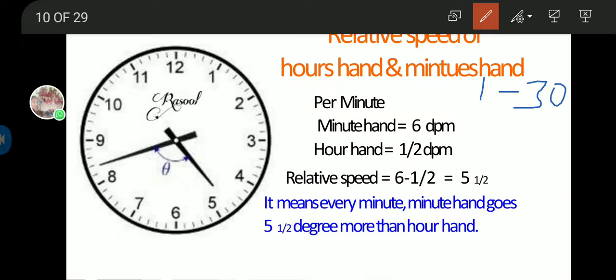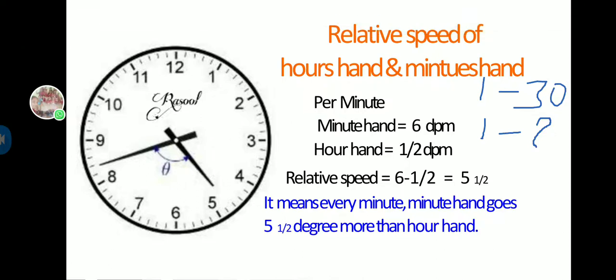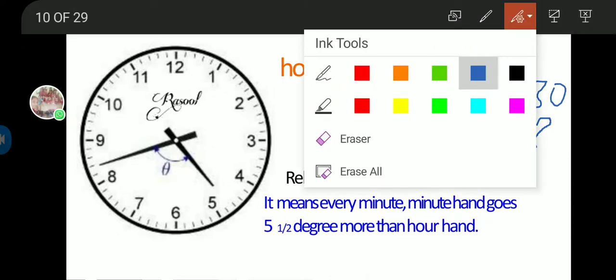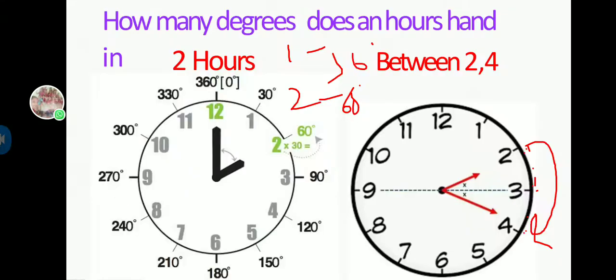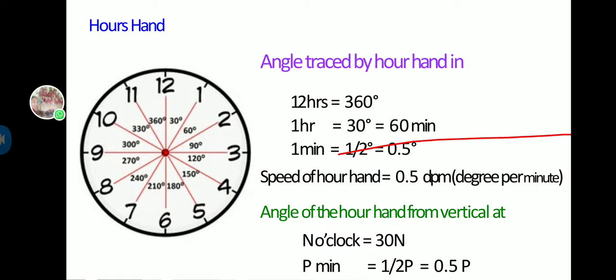See here, 12 hours is 360 degrees, 1 hour is 30, and 1 minute is half a degree.